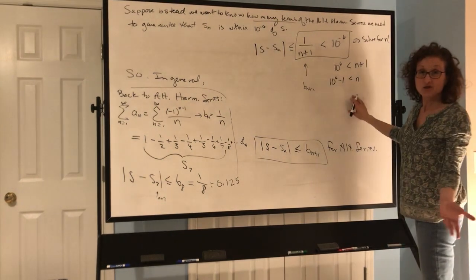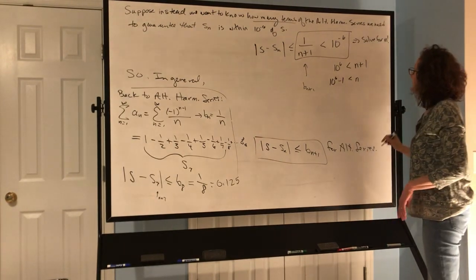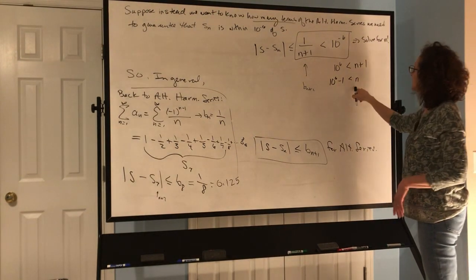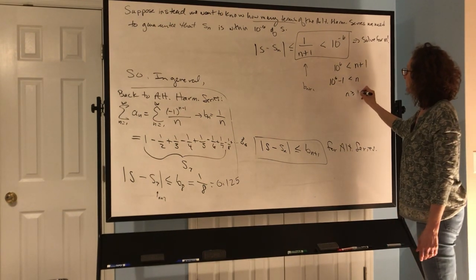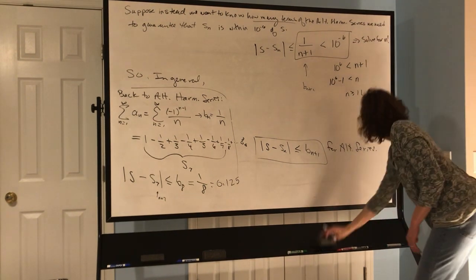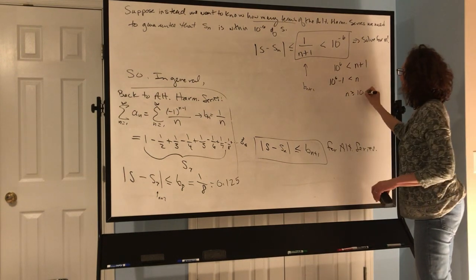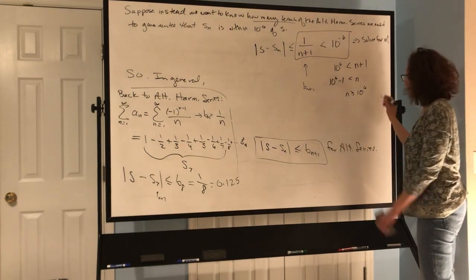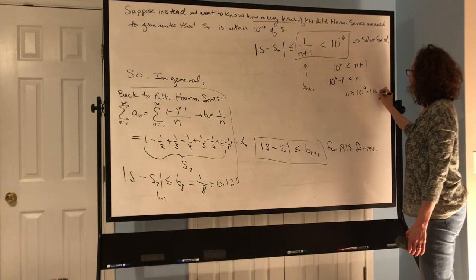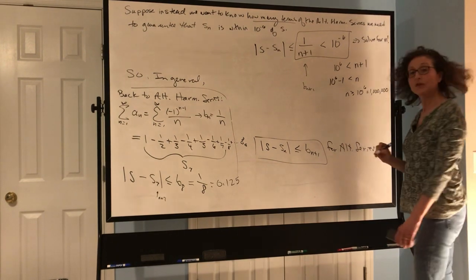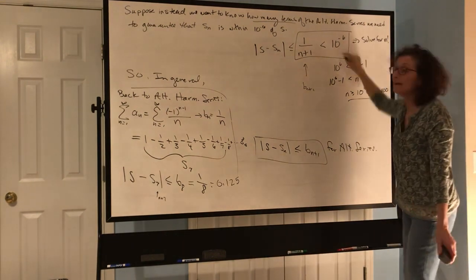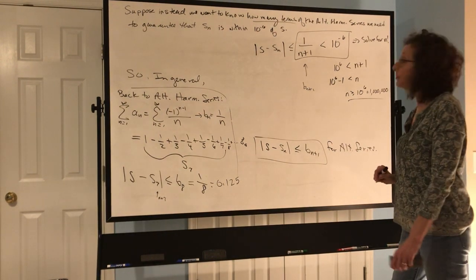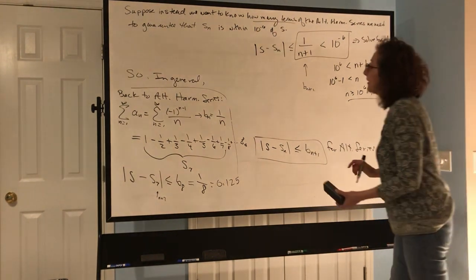But n has to be an integer, and so n should be greater than or equal to 10 to the 6th. What is that? A million terms. That's how many we need to be within 6 decimal places, yeah?